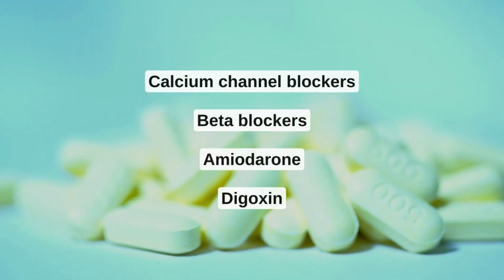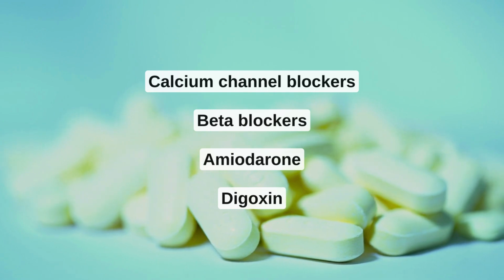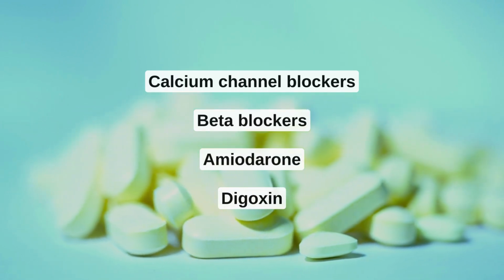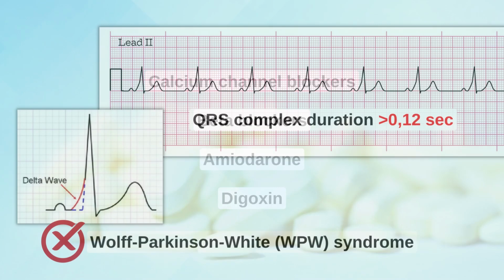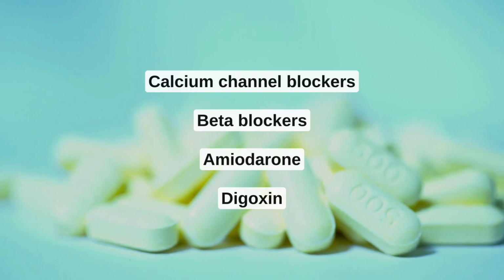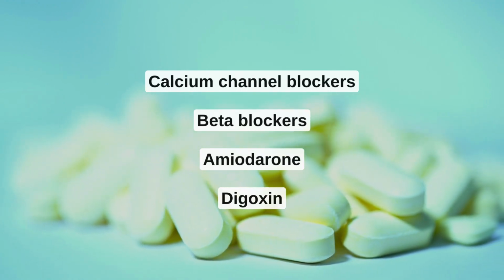The other medications that I mentioned, namely calcium channel blockers, beta blockers, and amiodarone or digoxin, these 4 types can be given in patients who don't have Wolff-Parkinson-White syndrome. So in those patients, the regular ones will get calcium channel blocker or beta blocker or amiodarone or digoxin.